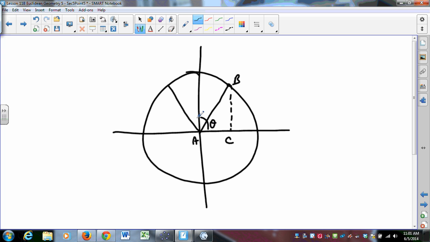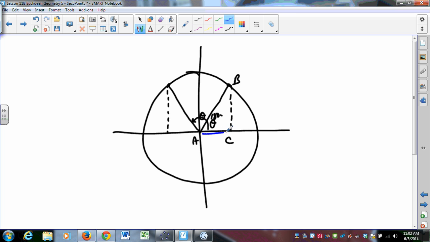What happens if this is the theta instead? Then this is the 180 minus theta. This is theta. You get the same kind of situation going on. If you take the thing that's quote unquote the opposite side and the thing that's the quote unquote hypotenuse, then this ratio is the same as this ratio. So we would expect the sine of an angle to be equal to the sine of its supplement.